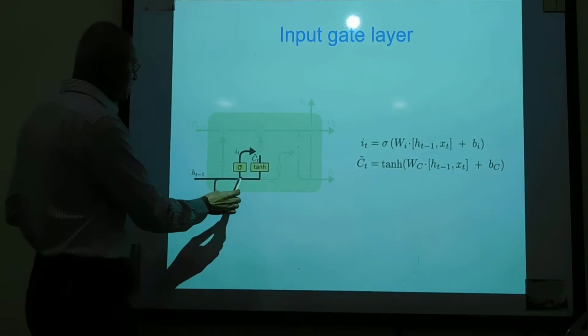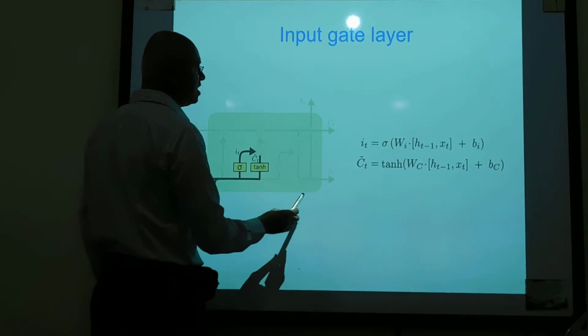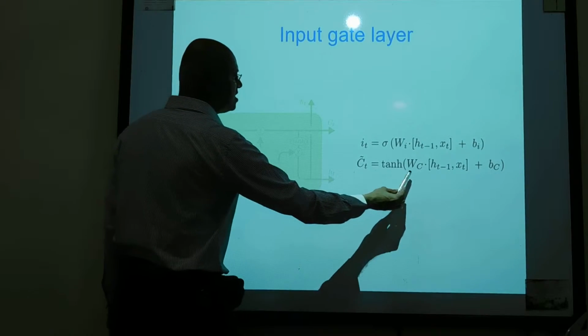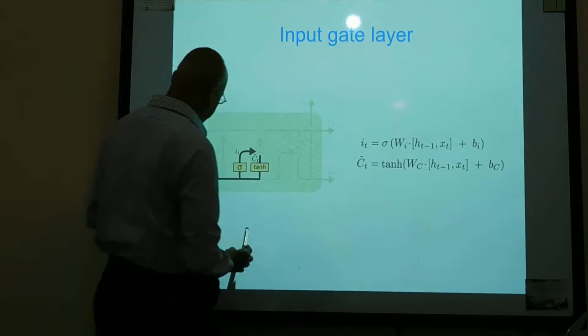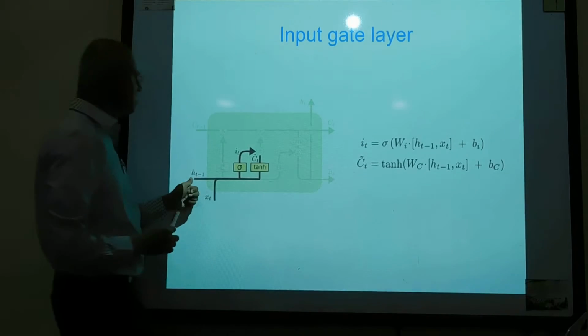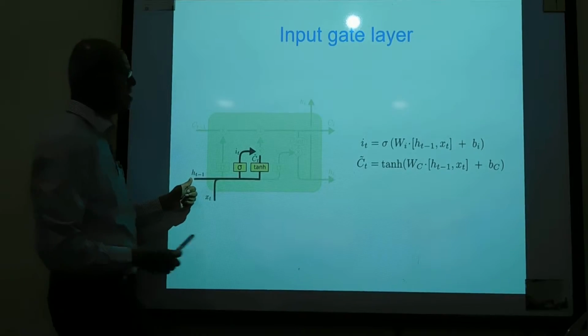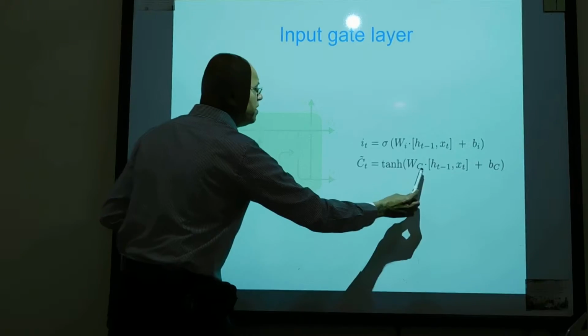In addition, there is another function here, which takes the same input at time instant t and the state of the cell at the previous time instant ht-1, multiplied by another weight matrix.